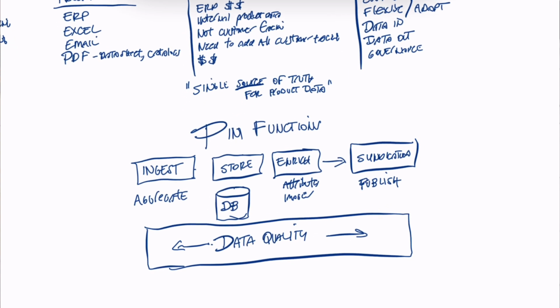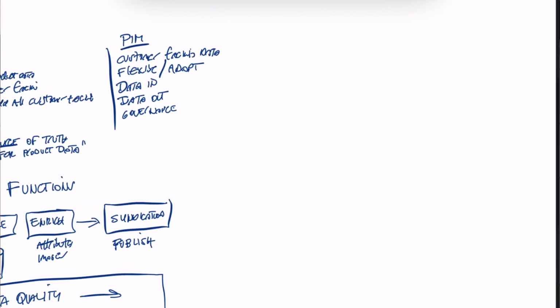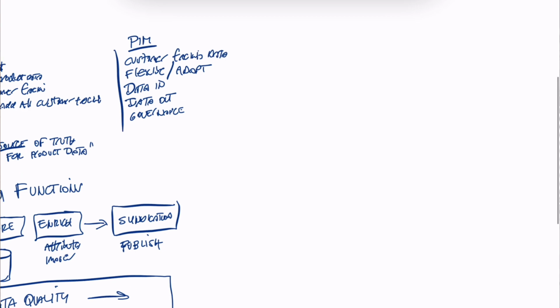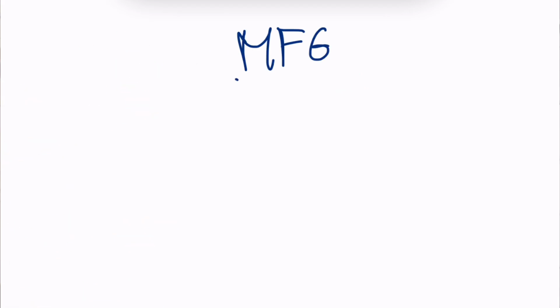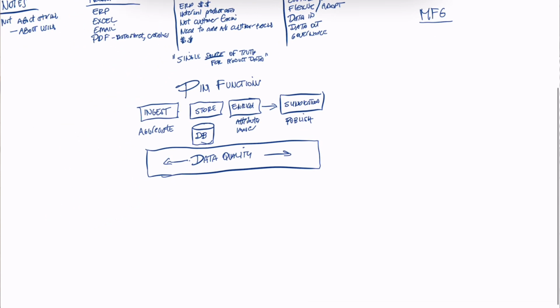Now, how does this differ between manufacturers and distributors? It's a pretty key question. So I want to start over here with manufacturers. Now, when we think about it, a manufacturer sells through a distributor that sells in e-commerce, right? So let's draw that.